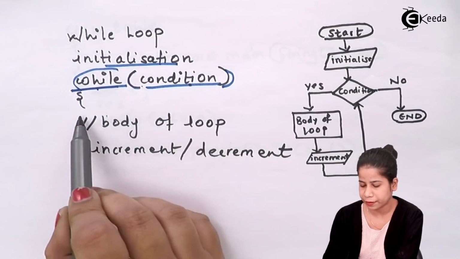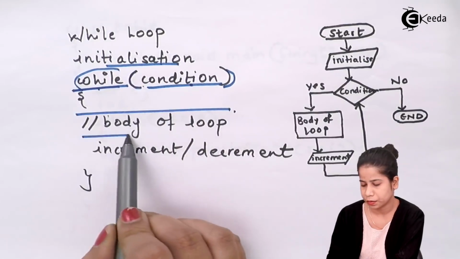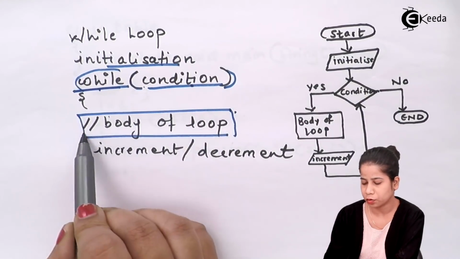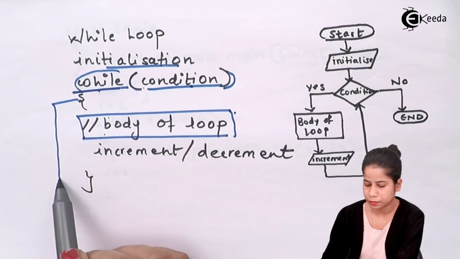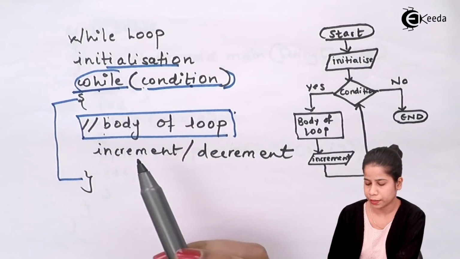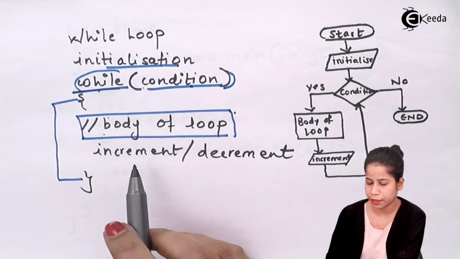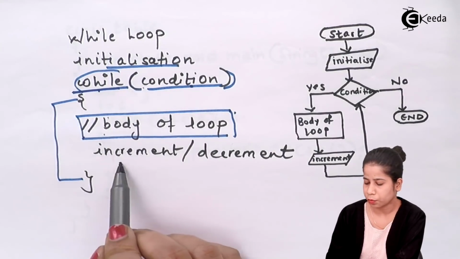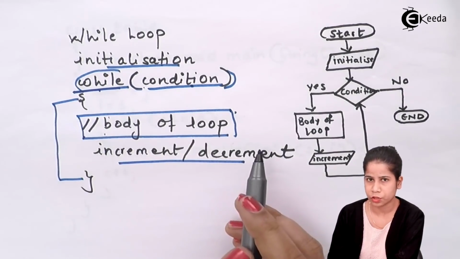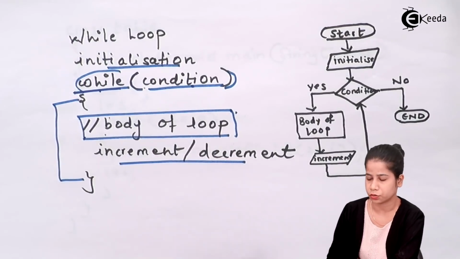Then we have the task, which is enclosed inside curly braces. This is also known as the body of the loop, and within it you provide the increment or decrement, whichever suits the condition.